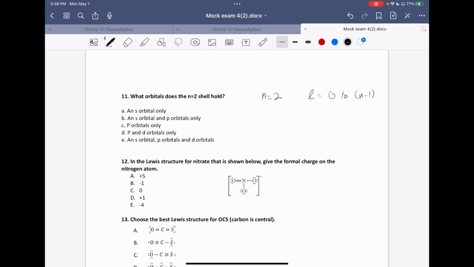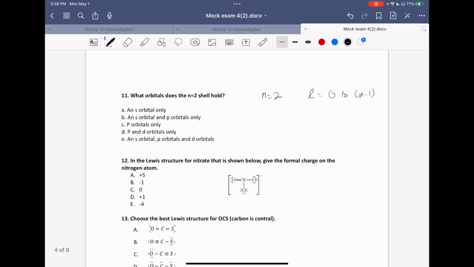I don't know if we actually went over this in class, but then if n is equal to 1, this goes from 0 to 1, so you can have either a 0 type orbital or a 1, which is just the S and P. And then that's going to be the answer of B.